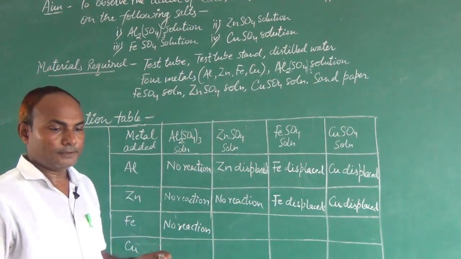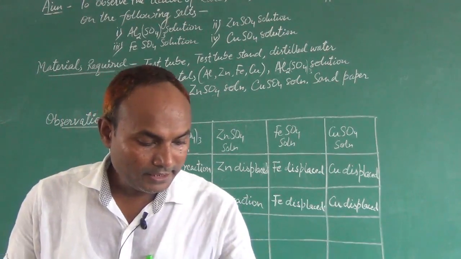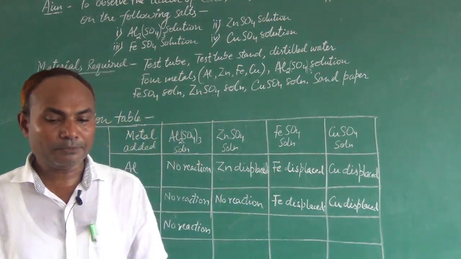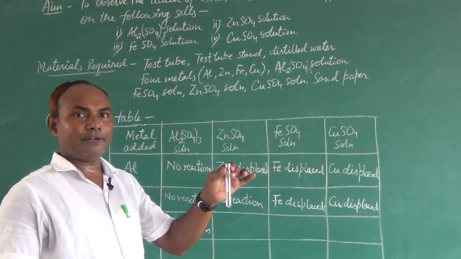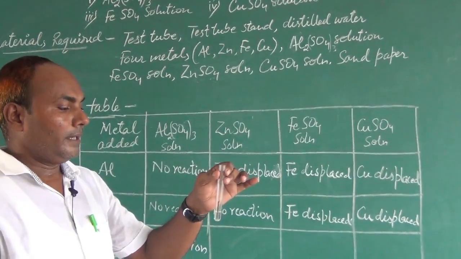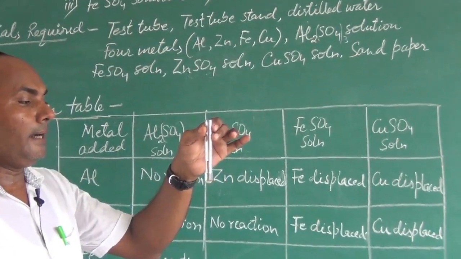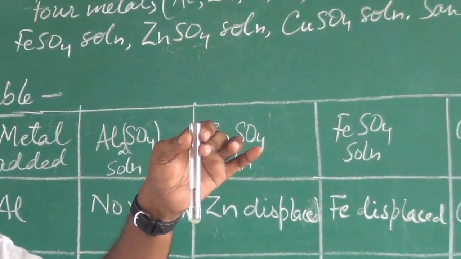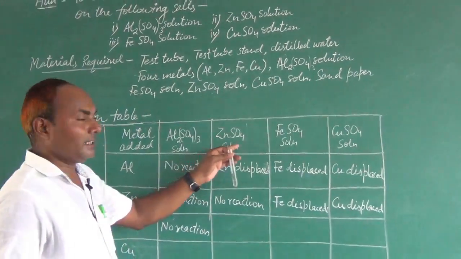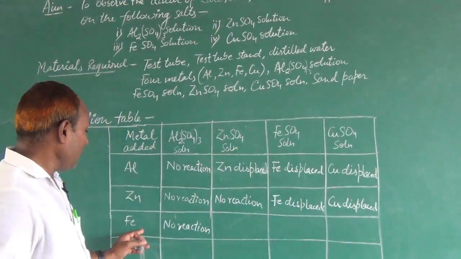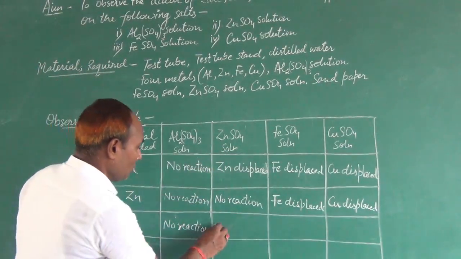Okay students. Further, in the second test tube, in which we have taken zinc sulfate solution, in this zinc sulfate solution we have added an iron nail. In zinc sulfate solution, when we add iron, no reaction.